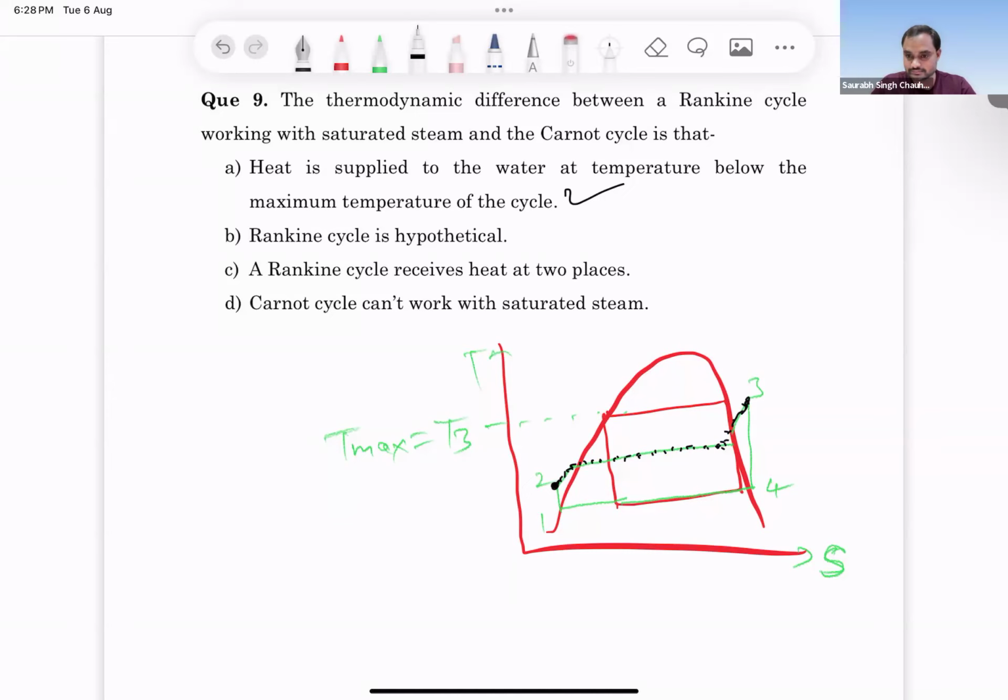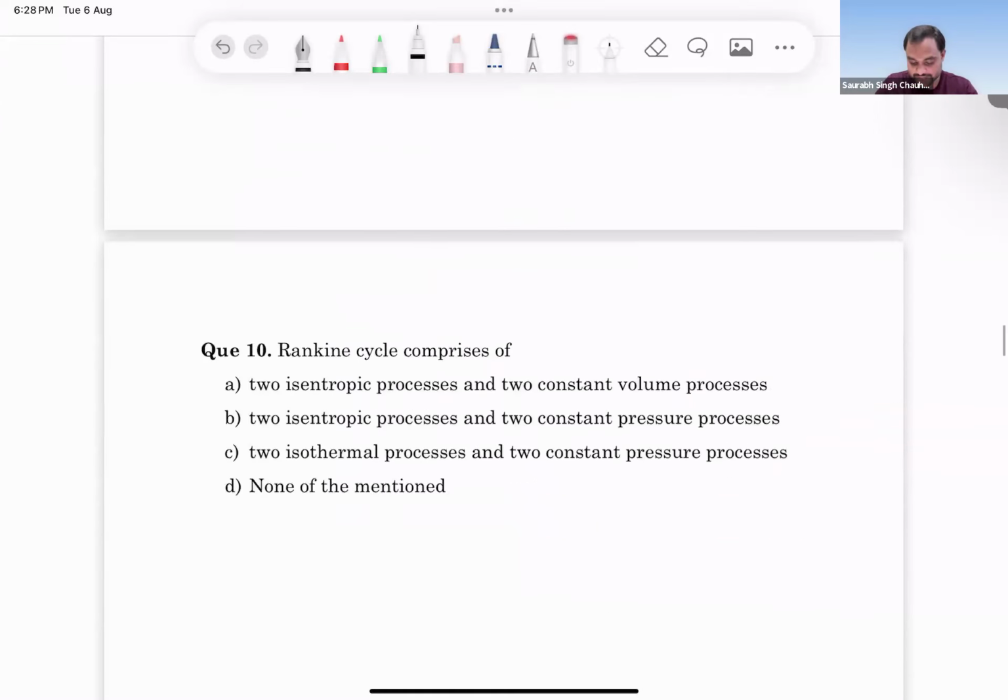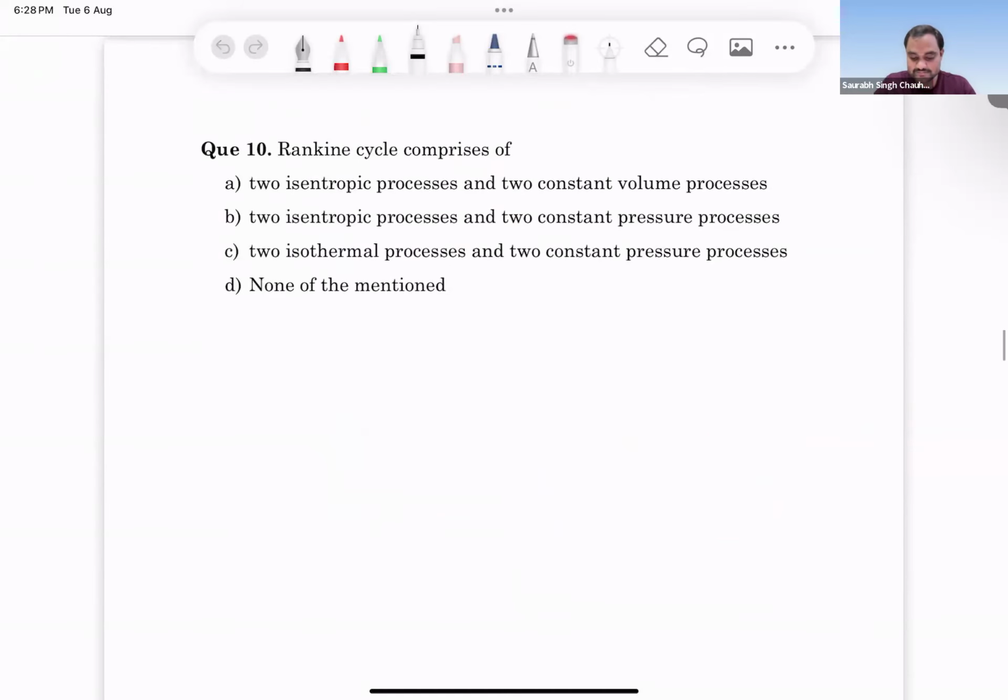So we can move to the next question. Question 10. It says that Rankine cycle comprises of... this is a very easy question; we have discussed this thing many times. So there are four processes.